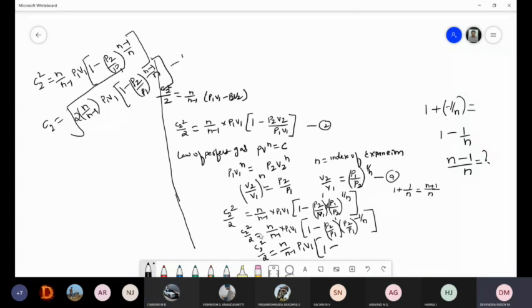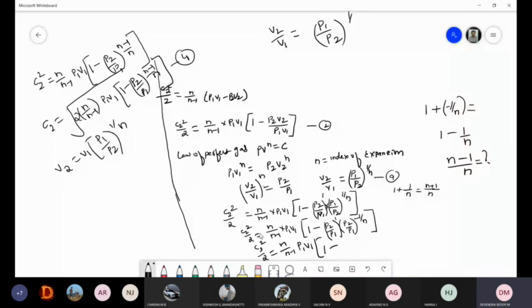Now we know V2 from this equation: V2 is equal to V1 times P1 by P2 to the power of 1 by n, because we already know this equation, already written. V2 by V1 is equal to P1 by P2 to the power 1 by n. We know this equation, right?